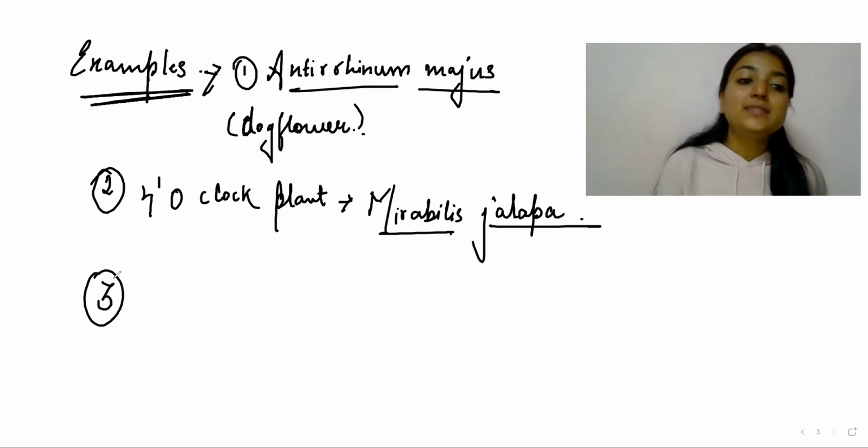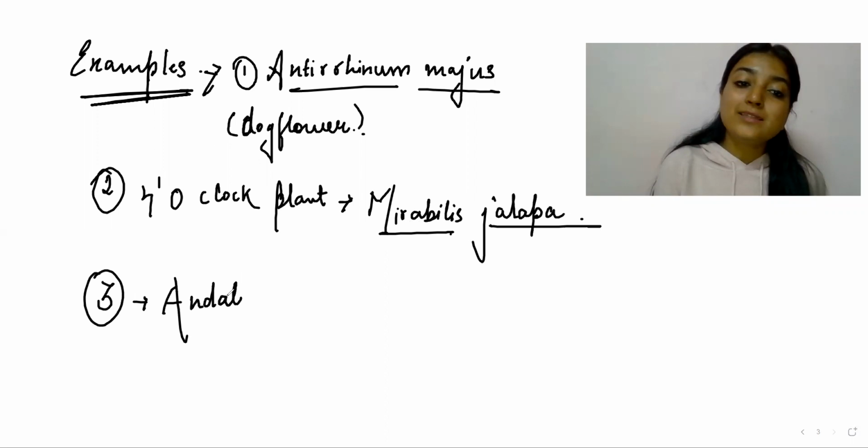The third example which shows incomplete dominance is a bird named Andalusian fowl.